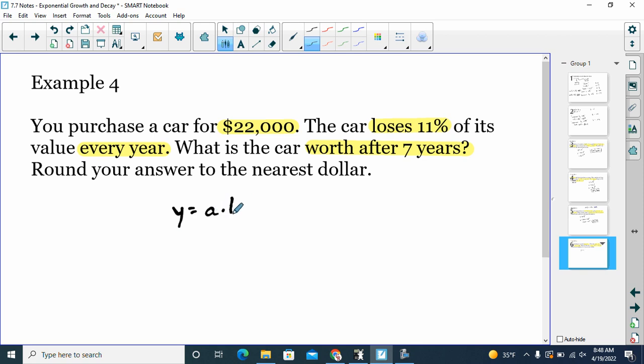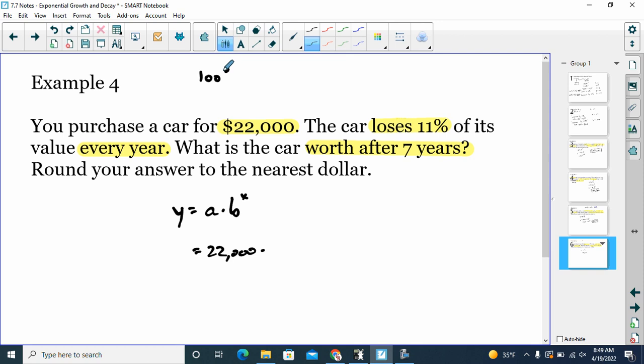Write your formula down first. Y equals A times B to the X. Starting amount is the A value, which in this case is $22,000. B is the growth factor. Loses 11% of its value every year.